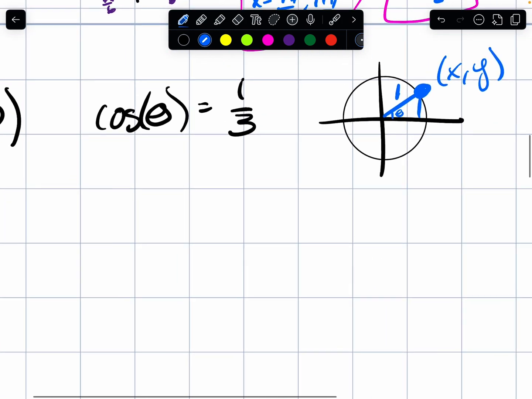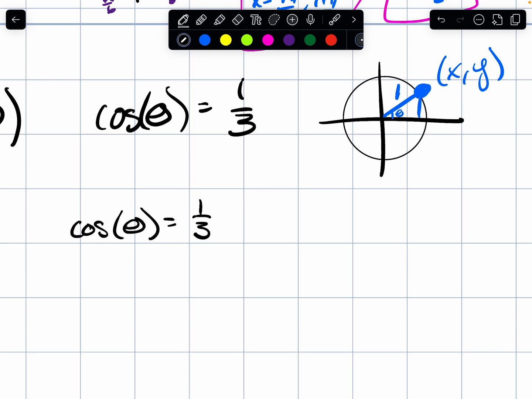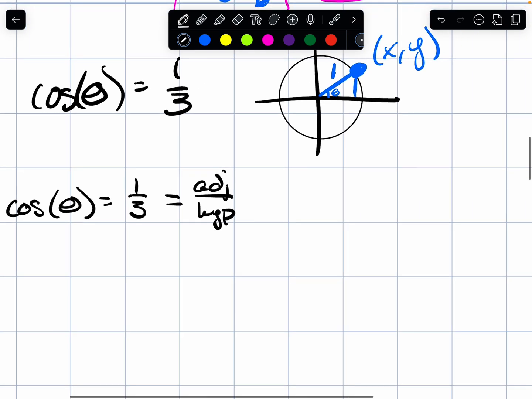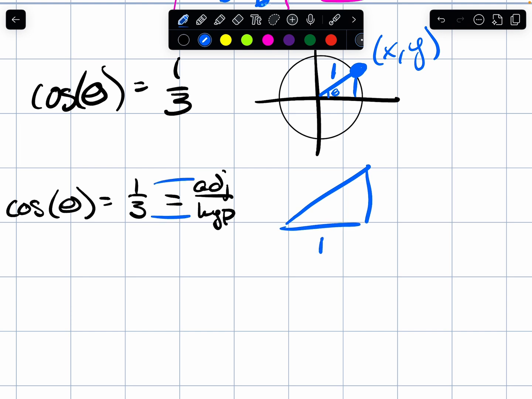Now, the important piece is what is cosine in terms of x's, y's, opposites, adjacents. So I know that cosine of theta is equal to 1/3, which is equal to the adjacent side over the hypotenuse. So if I were to redraw this triangle that's up inside, I know that my adjacent side is 1 and my hypotenuse is 3.